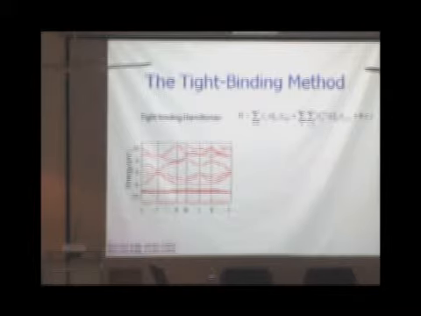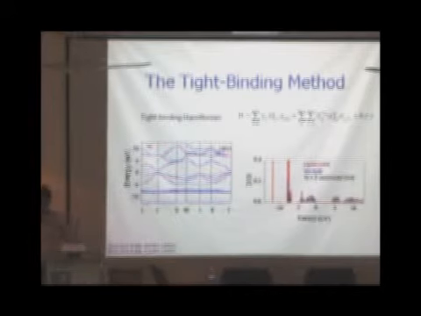This is also called the linearized muffin-tin orbital method, but we'll not go into those details. What I wanted to show you was that we are interested in the band gap, and what we get from the LMTO matches pretty well with the tight binding methods.